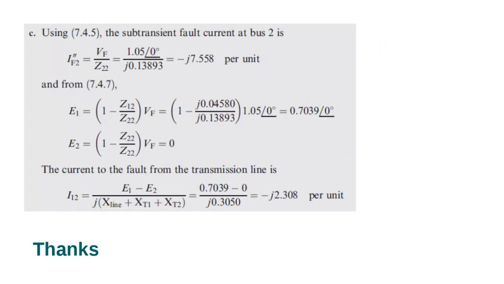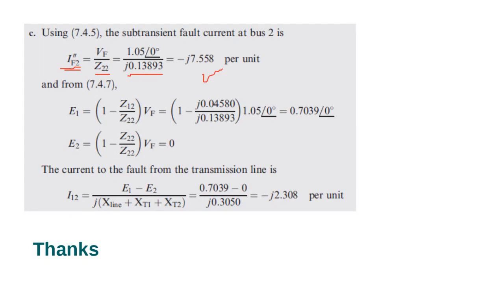Okay. Now, if the fault happens at bus number 2, very simple, VF over Z22. You see, straightforward, as long as you know how you determine Z from Y bus. And then you will get this fault current.